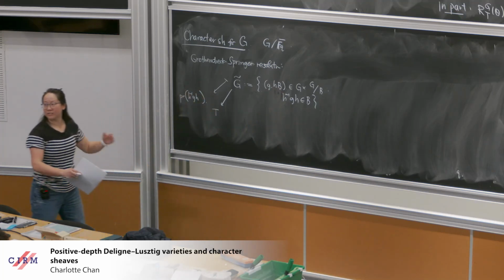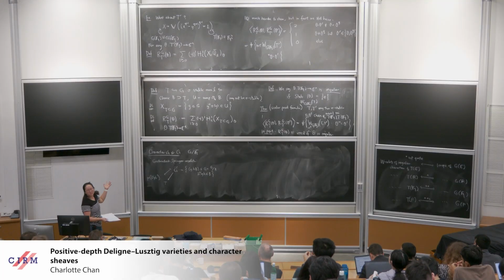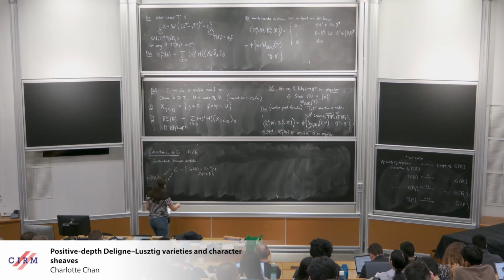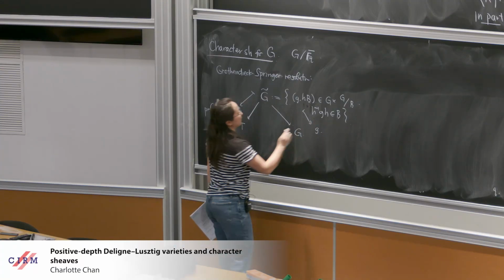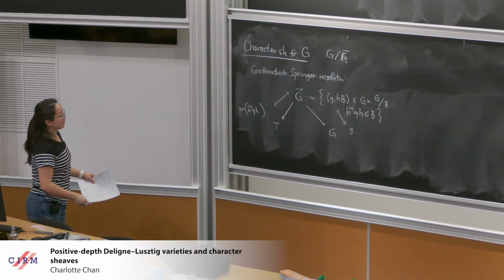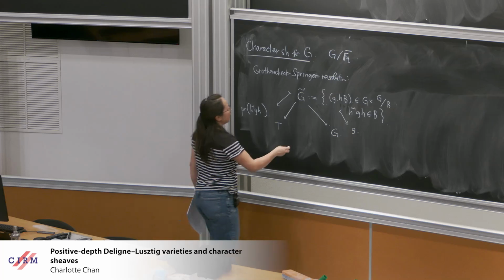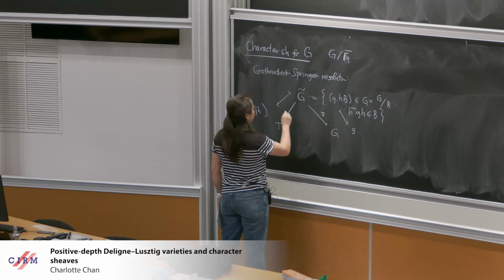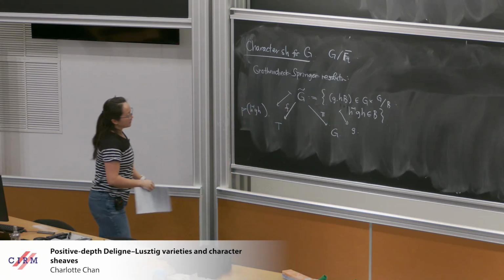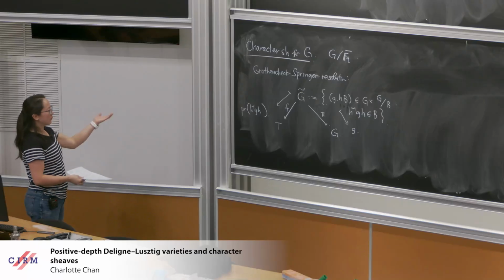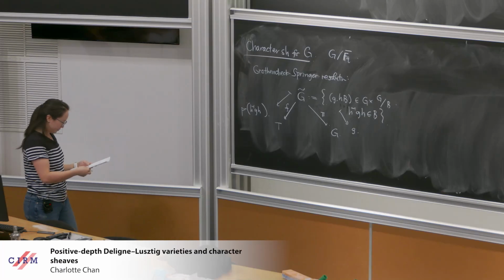Whereas if I just went to B, then it's going to conjugacy classes of B. And then there's another map to G just given by projecting onto the first coordinate. So there are various standard terminology ways to write these two maps. I will call them pi and f.